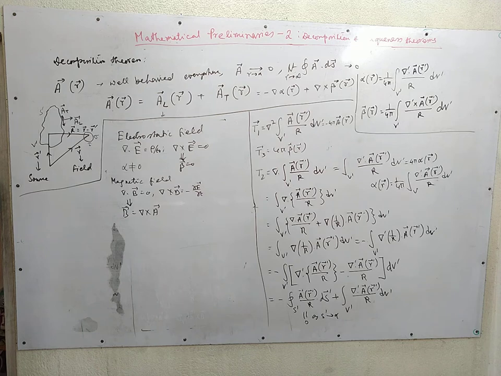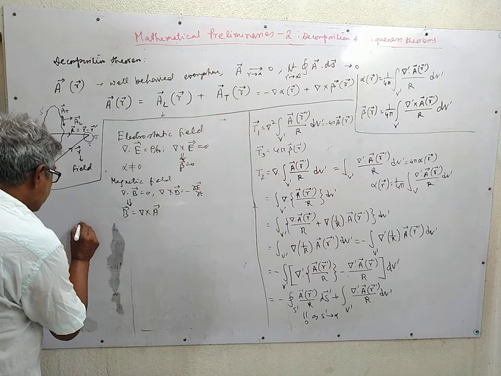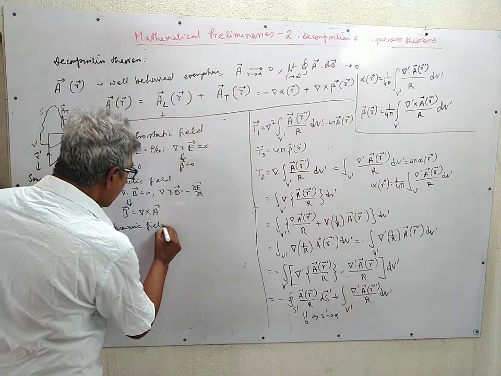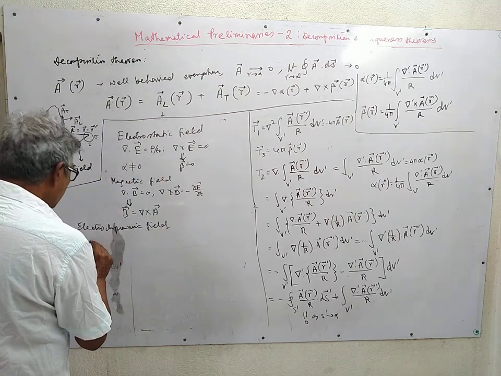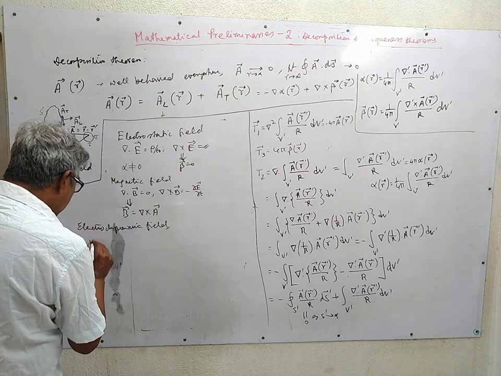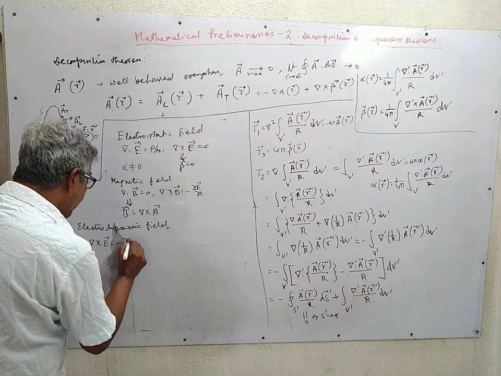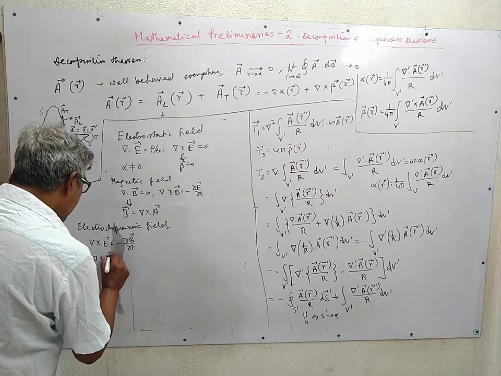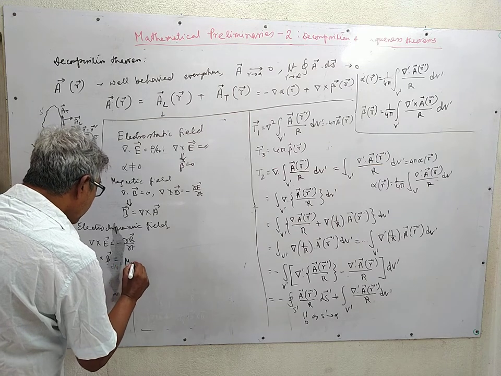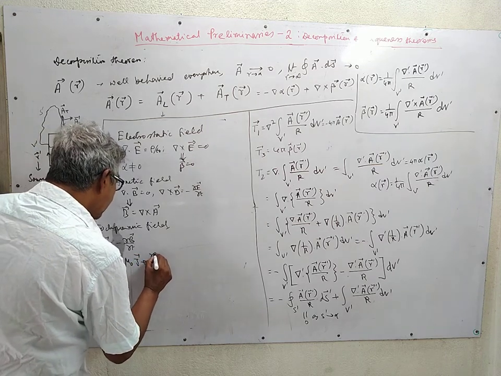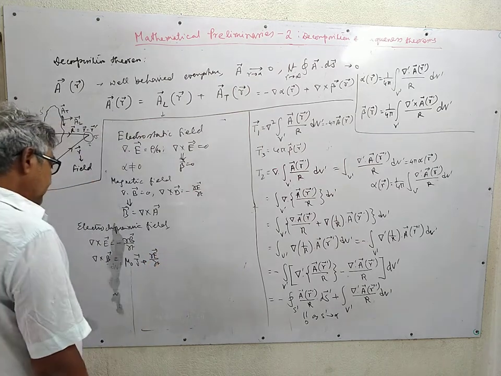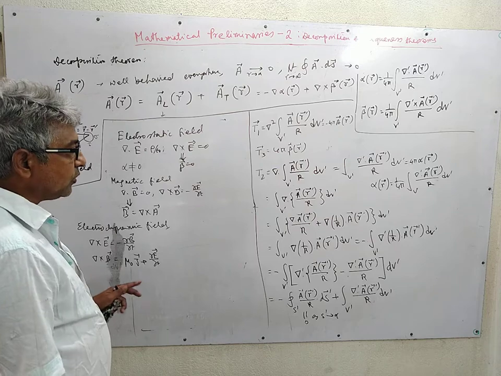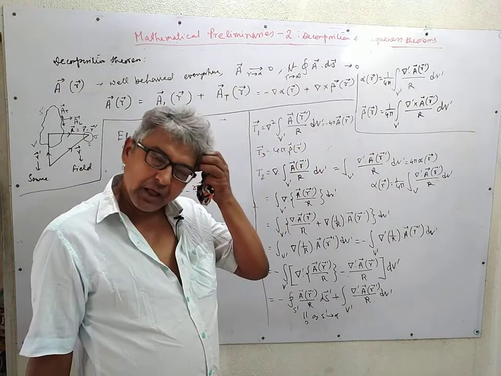For electrodynamic field, we have both curl E is equal to minus del B del T, and curl B is mu 0 J plus del E del T. In this case, both the curls are non-zero, and subsequently we will have both scalar and vector potential.